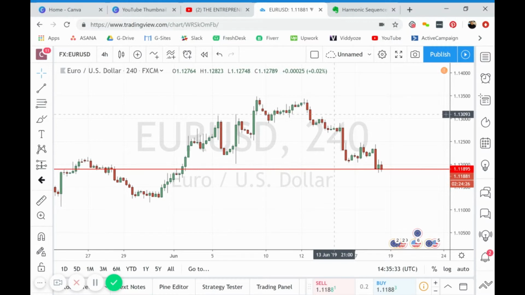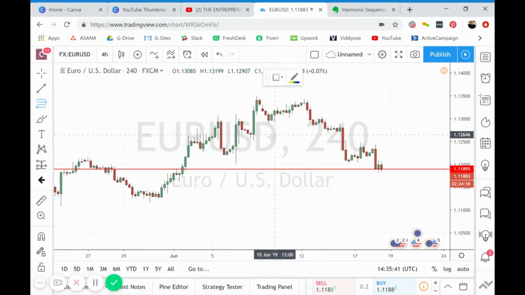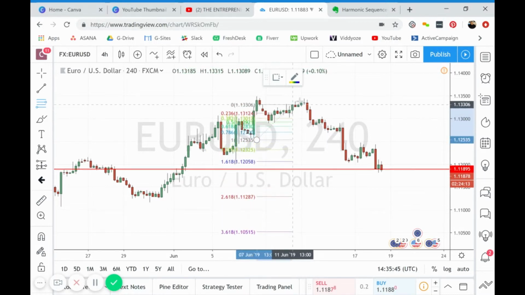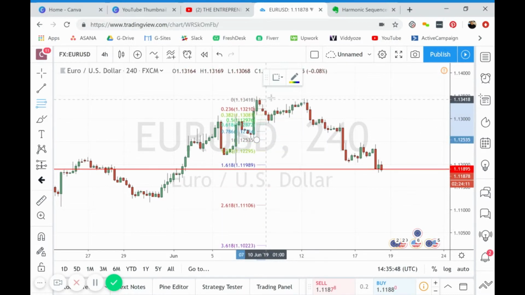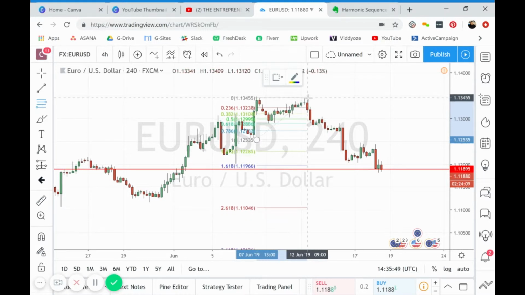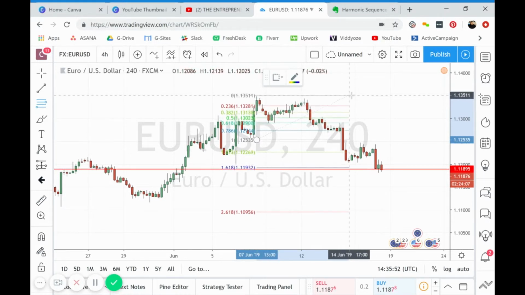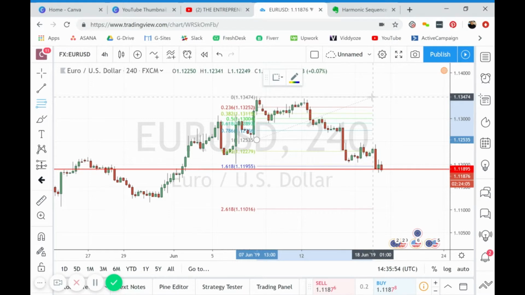But again, guys, this is all I did here. I simply measured from this swing low up here to this swing high, as you can see here. All I'm doing is spreading it out so it covers the entire move.